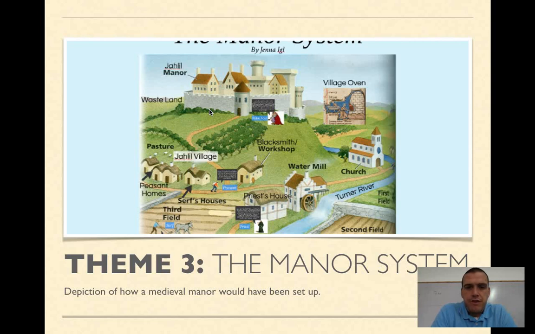So this gives you a visual of the independent, self-sufficient community. This is where a serf would live out their life, in something like this. So I hope that visual gives you a bit more sense of what we're talking about in the manor system. And they produce their own things.